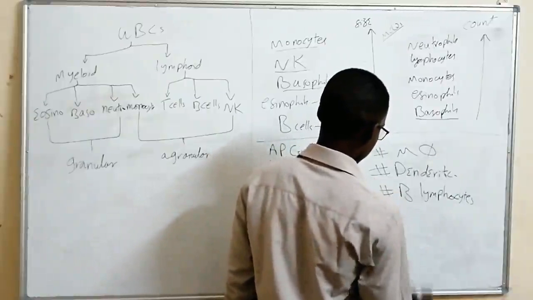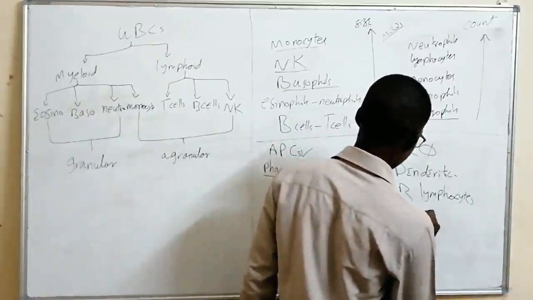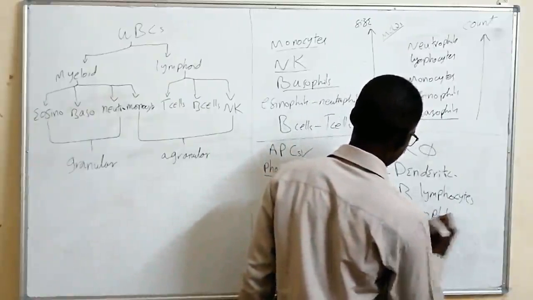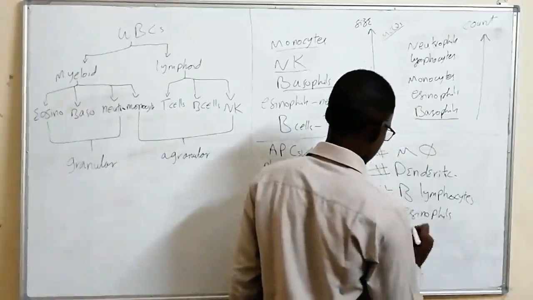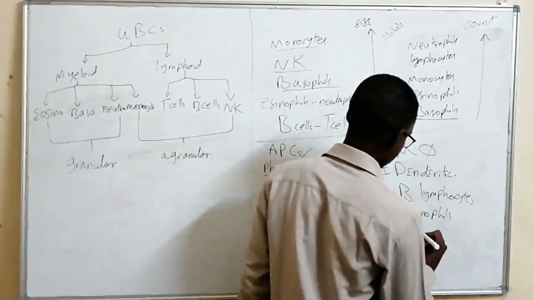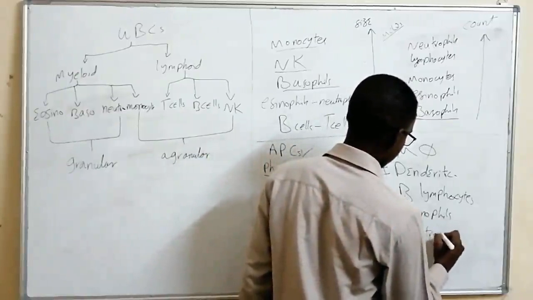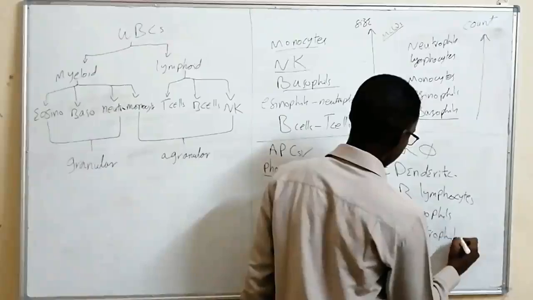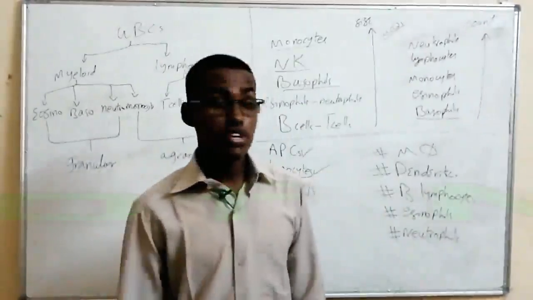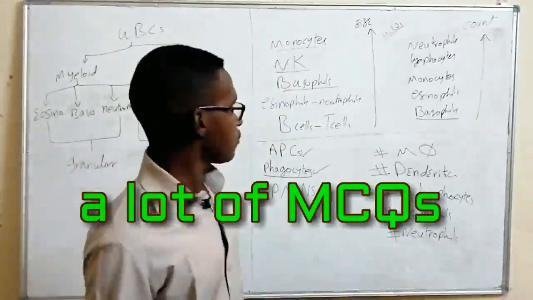In addition to these, we have eosinophils and neutrophils. It's worth mentioning right here that basophils are not phagocytes.